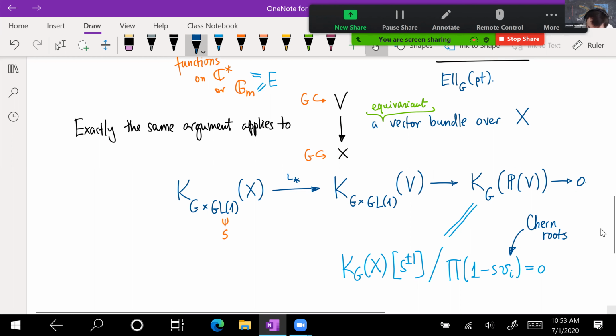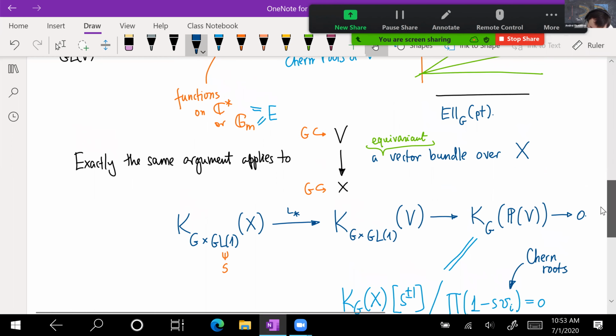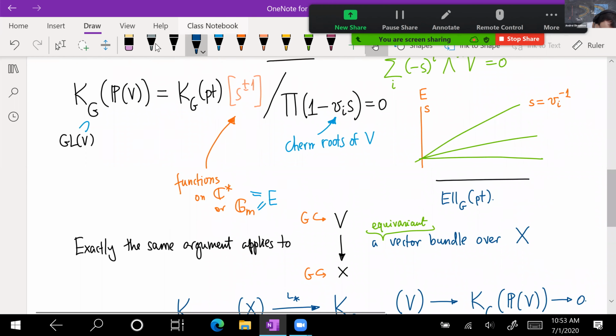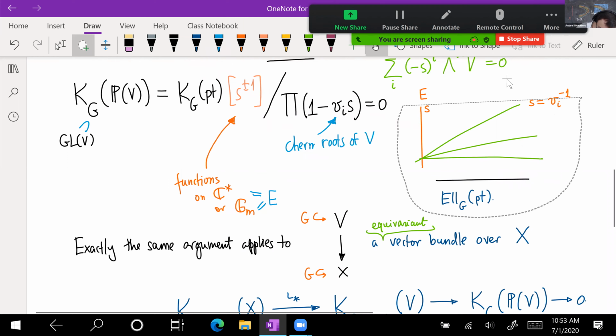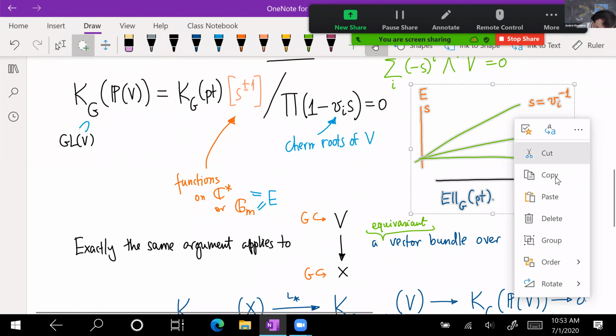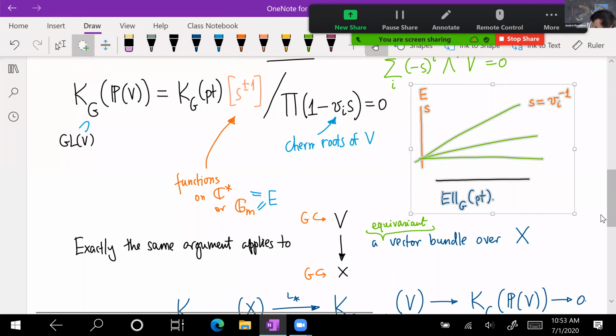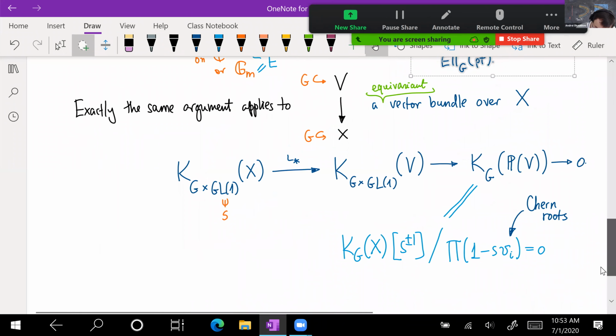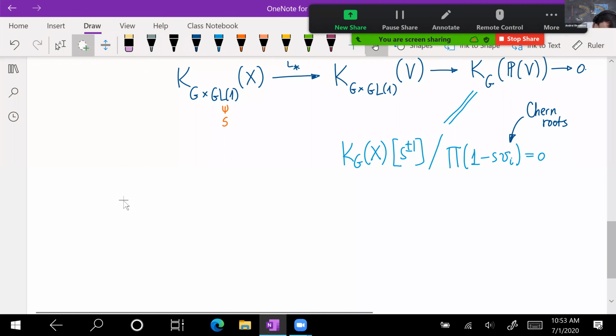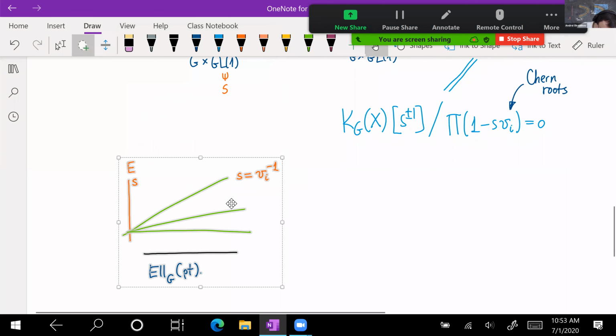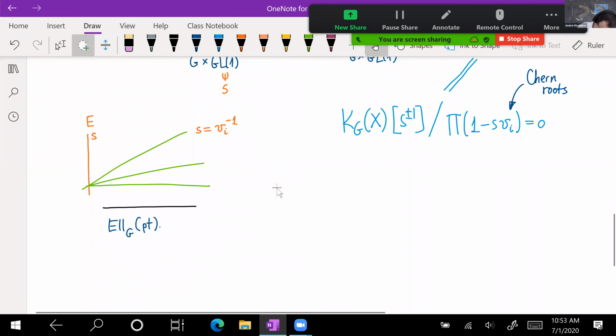So this is a scheme, and it looks exactly as before. Maybe let me copy this here and paste it here, except here I take X instead of a point. So same.